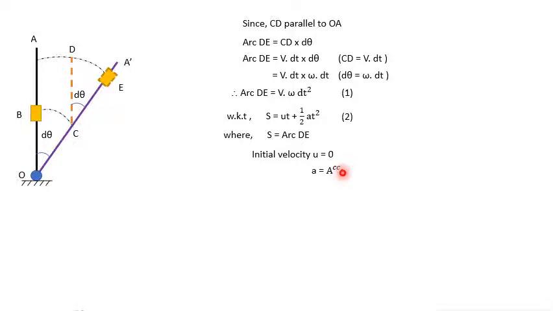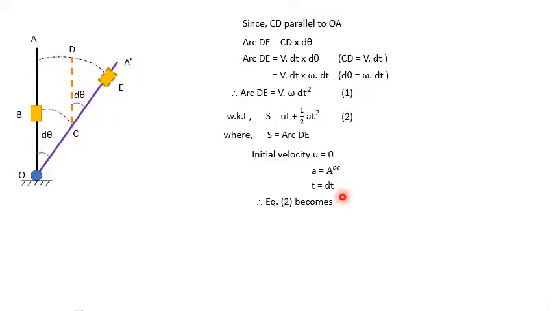So in place of a, I am going to substitute Acc. And dt represents the change in time, so in place of t I am substituting dt.